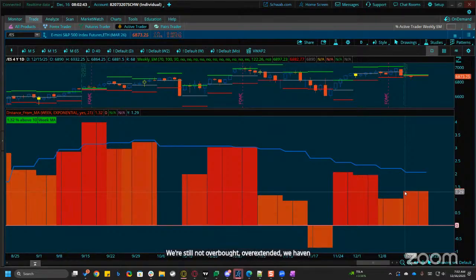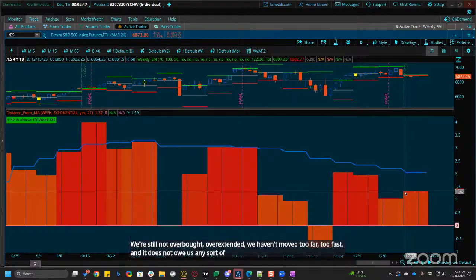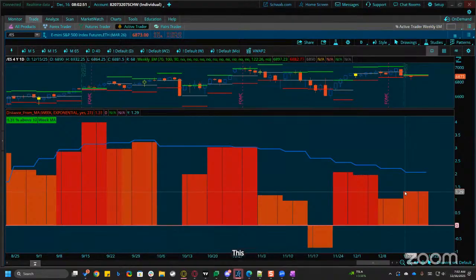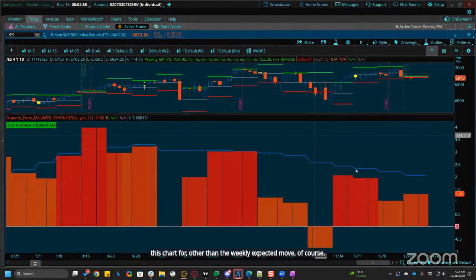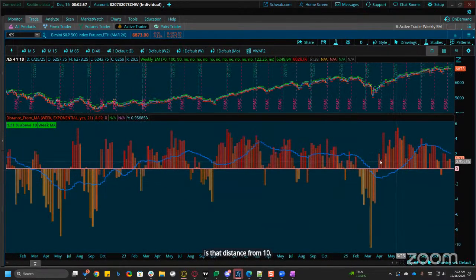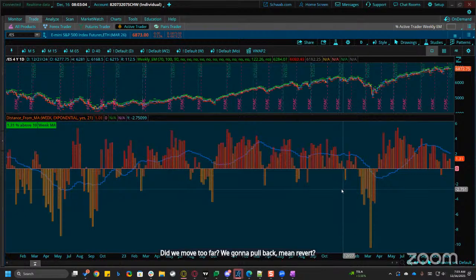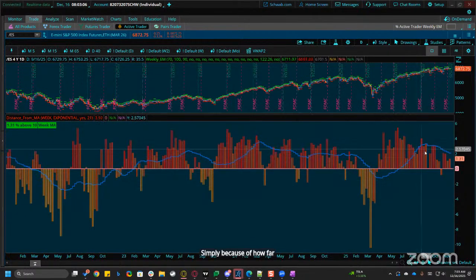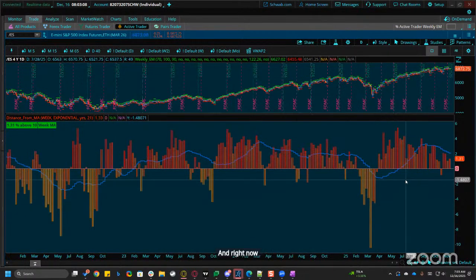We haven't moved too far, too fast, and it does not owe us any sort of pullback or mean reversion. That's really the number one thing I use this chart for, other than the weekly expected move, of course, is that distance from 10. It is the constant measure of that to ask, did we move too far? Are we going to pull back, mean revert, simply because of how far away we are from the 10? And right now the answer is nope.